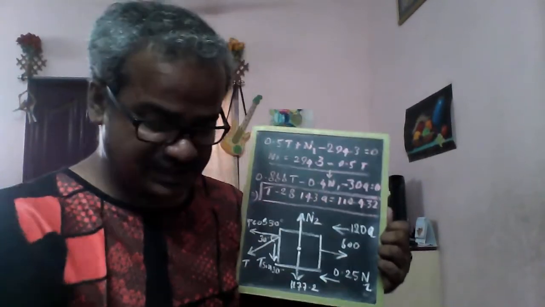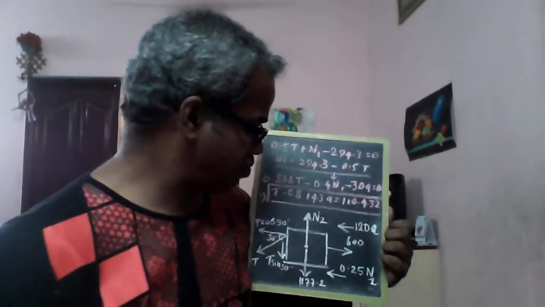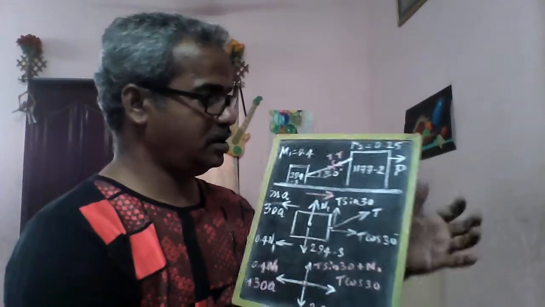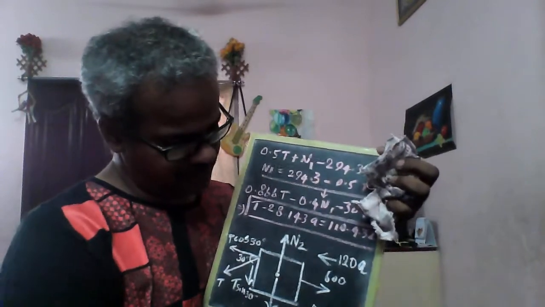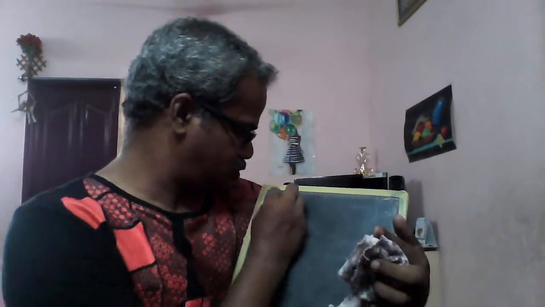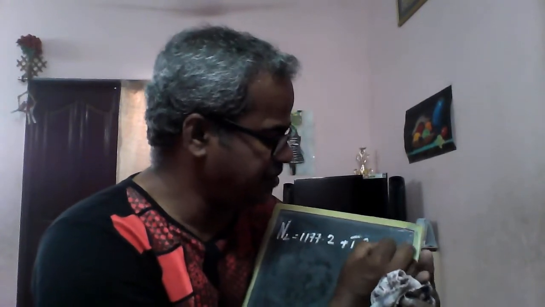For the body to be in equilibrium, I will have another equation. By solving this second body, N2 is equal to 1177.2 plus T sin 30.